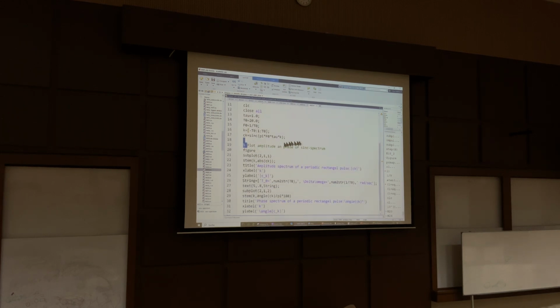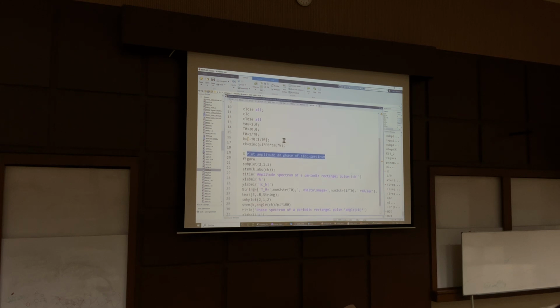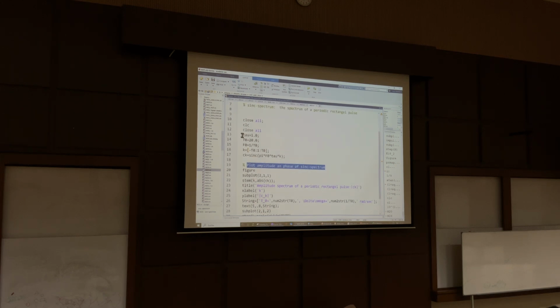We plot the amplitude and the phase of this sinus x over x spectrum. And I do this here for a special duration, that is this tau, and we have a periodic time or a periodic frequency which is 1 over T0, and T0 is 20, just for some given values.